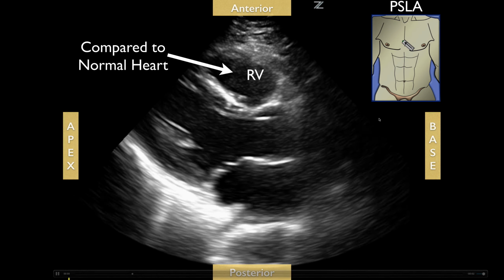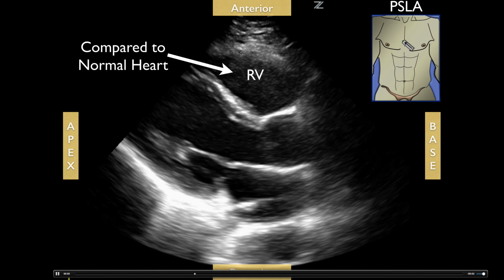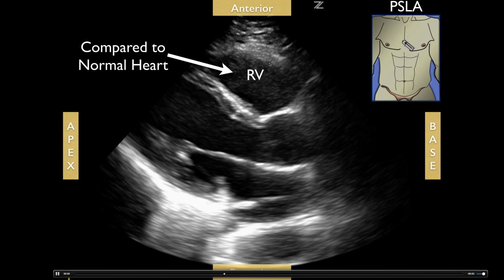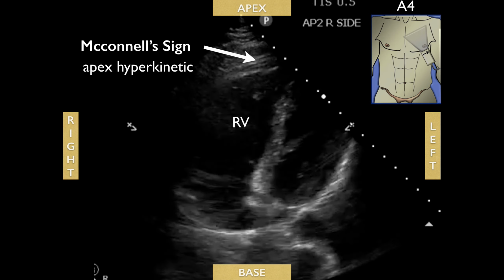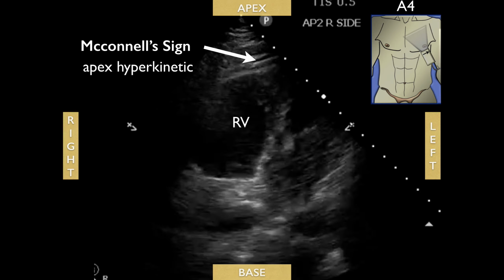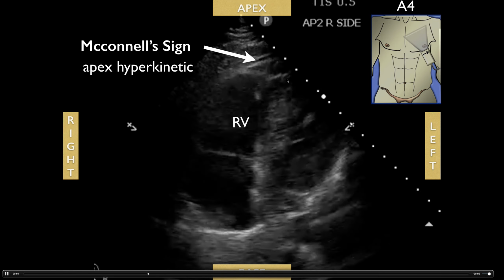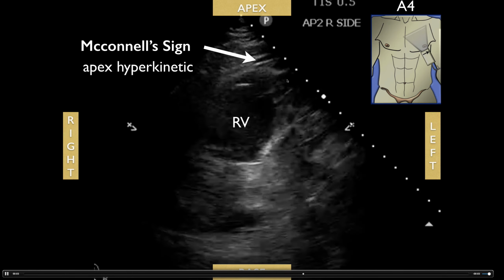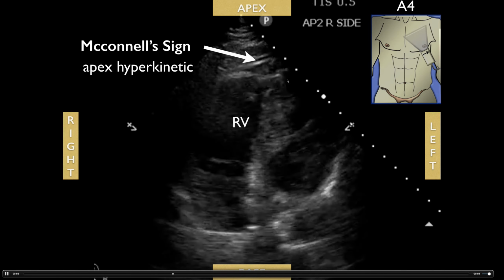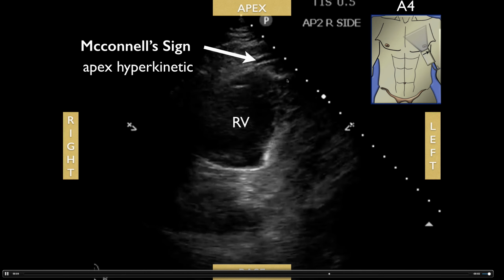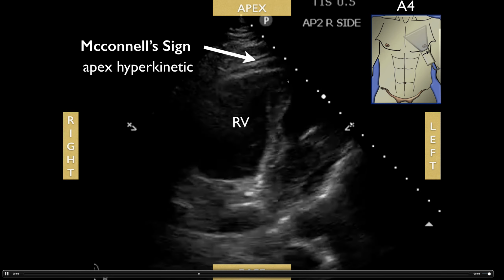This is a normal heart. You see how this right ventricle is definitely smaller than this left ventricle over here, and see how well it's moving in towards that apex versus the previous slide. Another sign you might hear is called the McConnell sign, where you have a hyperkinetic apex. There's a lot of things that can cause RV strain, so don't always think RV strain equals massive pulmonary embolism, because anything that gives you high pressures in your right ventricle is going to give you RV strain.